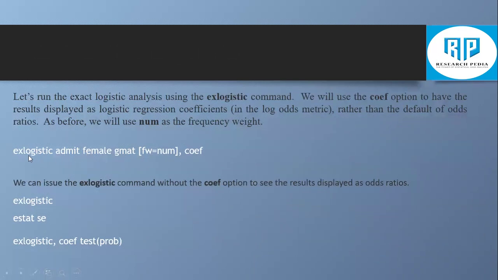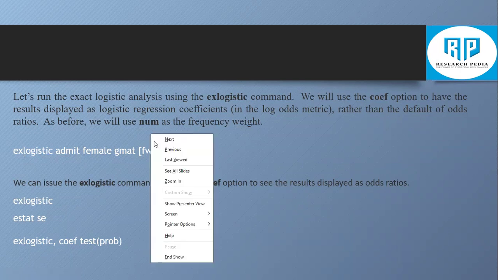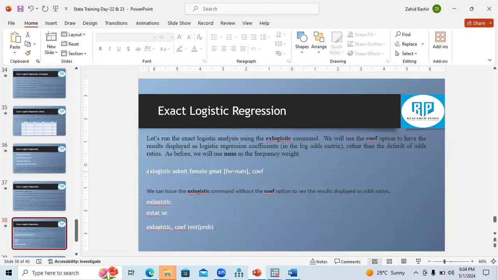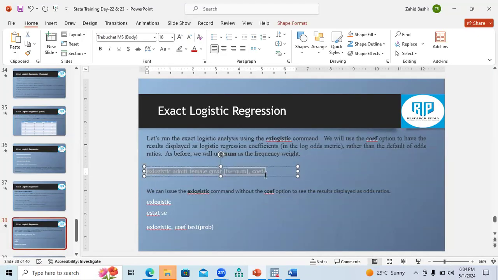So we use exlogistic, then the dependent variable, then the independent variables, and then comma coefficient, then fw equal to num as the frequency weight, because we have a num variable here, which means the number of applicants. So we can use this command for running the exact logistic.